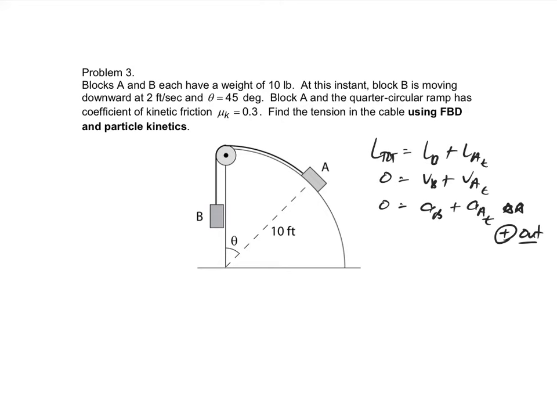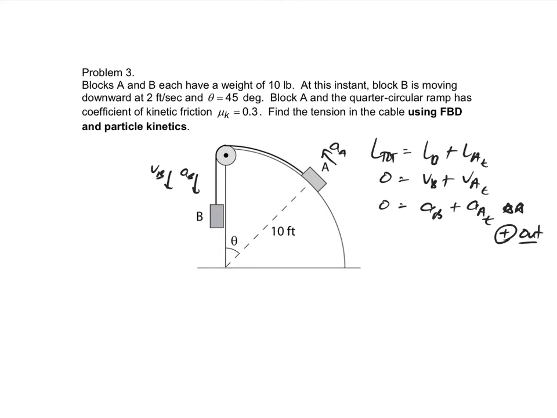But it's just one rope. Maybe I'm just overthinking it by thinking this is a constrained motion problem. It's just one rope. That rope has to be going with the same velocity, the same acceleration. And so I think I'm just going to say the acceleration of B down is going to be equal to the acceleration of A in that direction.